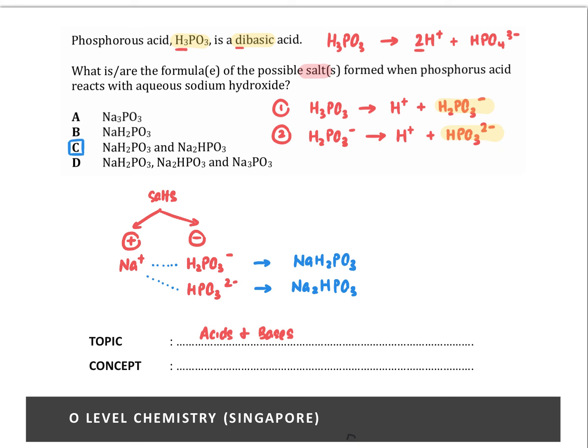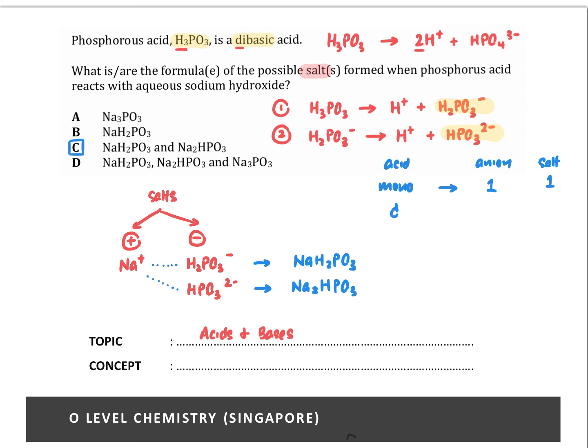So as mentioned, to solve this question is very, very tedious. Now, how do we solve this very quickly, or what is the hack? It is to recognize this, that when you have a monobasic acid, there will be one possible anion, only one, which will give you only one possible salt.